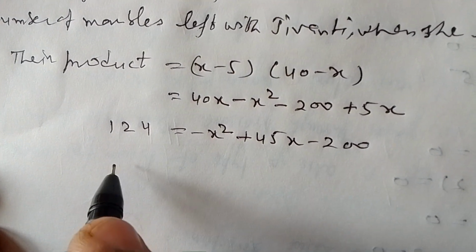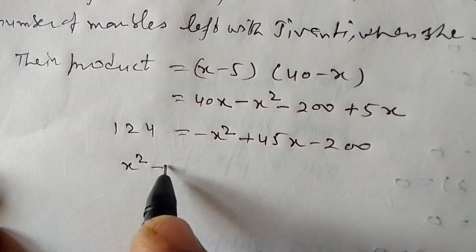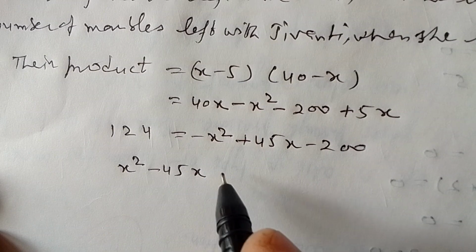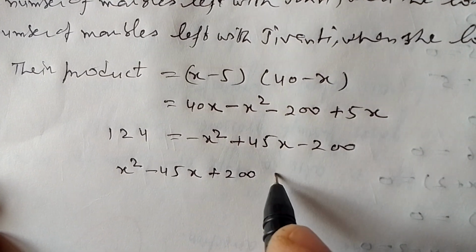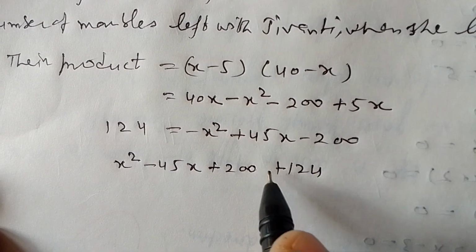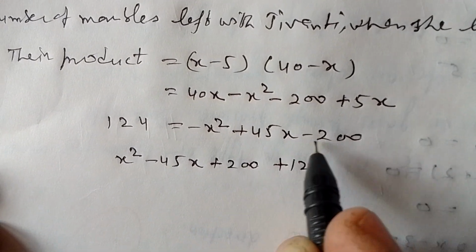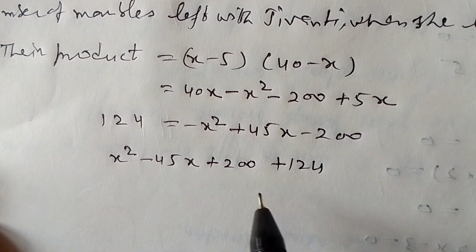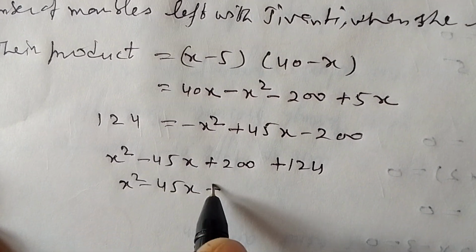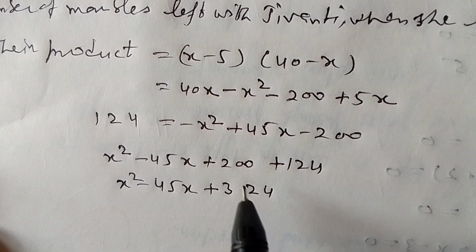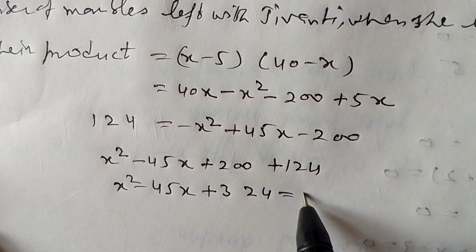So we can rewrite it as x square minus 45x plus 200 plus 124, because we carry all these terms to this side. So it becomes x square minus 45x plus 324 is equal to 0.